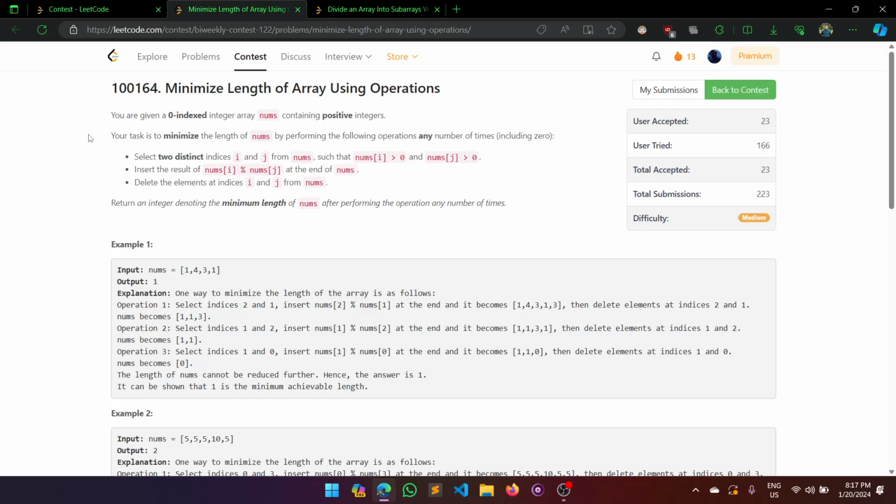So the order in which we take the modulus makes a difference. And we would want to have as many different elements in the array as we can. That does not guarantee the best result, but it's better than having duplicate elements.